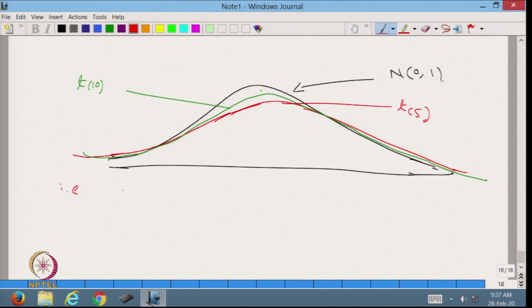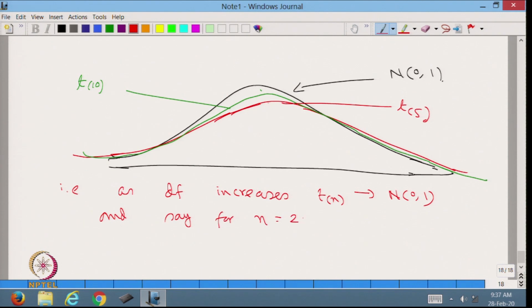That is, as df increases, Tn converges towards normal 0,1, and for n equal to 25, it is very similar to the standard normal distribution.